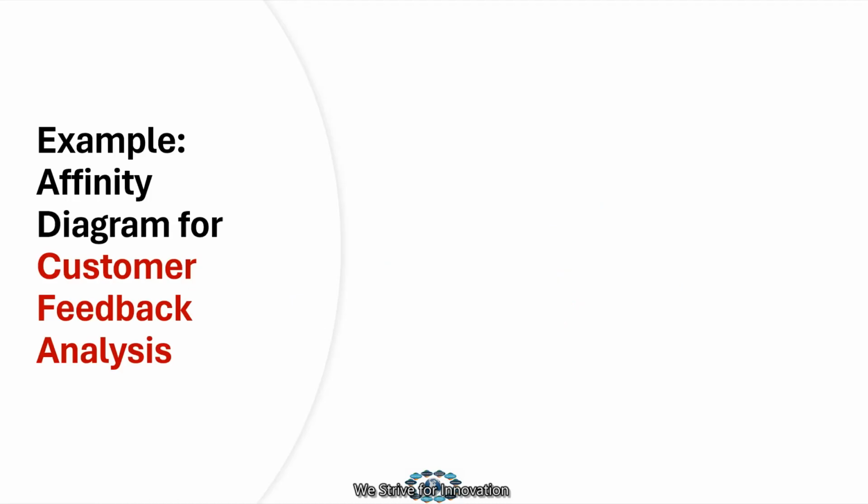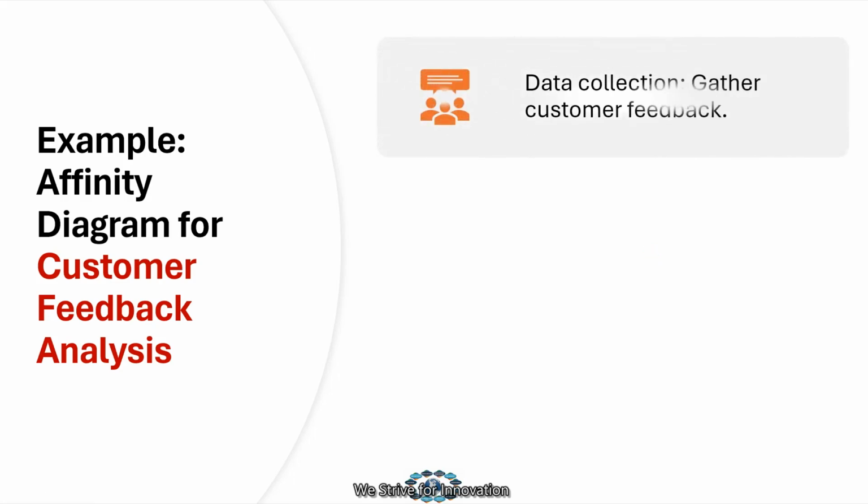Now let's do an example of an affinity diagram for customer feedback analysis, which is a service. First, you collect data. Gather customer feedback from various channels such as surveys, social media, and direct interaction.